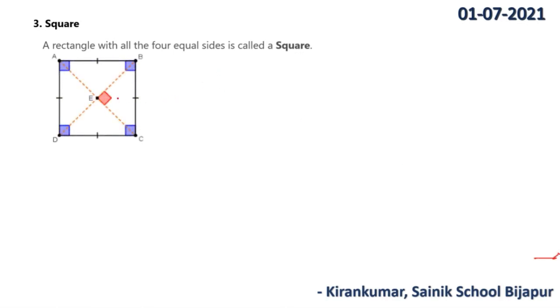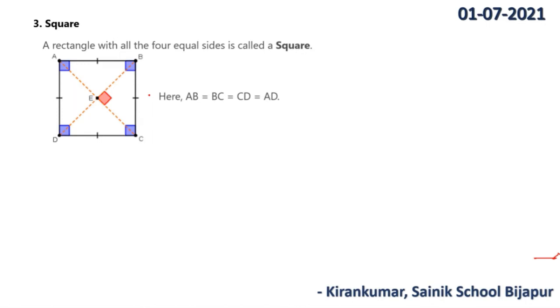In this square, the side AB is equal to the side BC, which is equal to the side CD, which is equal to the side AD. All the sides are equal to each other. Look at the angles. Angles are equal to 90 degrees.